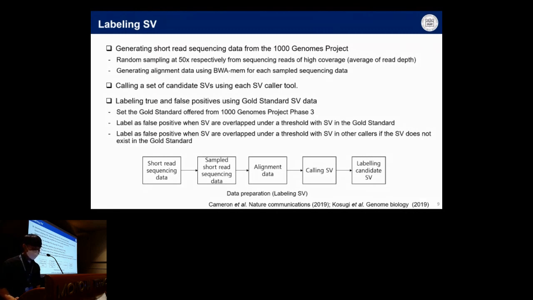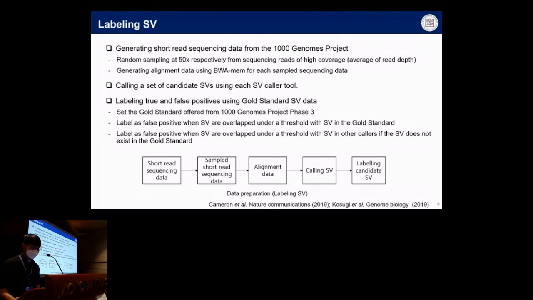And to evaluate each SV caller tool, new sequencing datasets were obtained by sampling randomly at 50x coverage from lists of high coverage datasets. For each new sample, alignments were generated using BWA-MEM. These alignment data were used for running the SV caller tools.